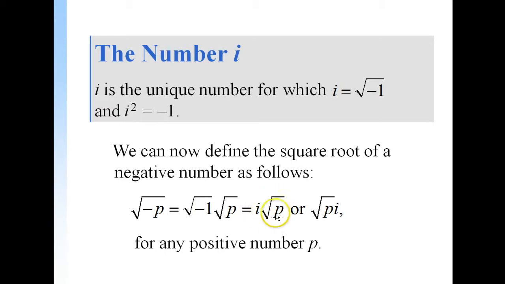It's often written this way so that we don't get confused when we put the i after the p. The i is not under the radical sign. It ends right there. By putting the i in front, it saves us having to make that error. And that's for any positive number p.